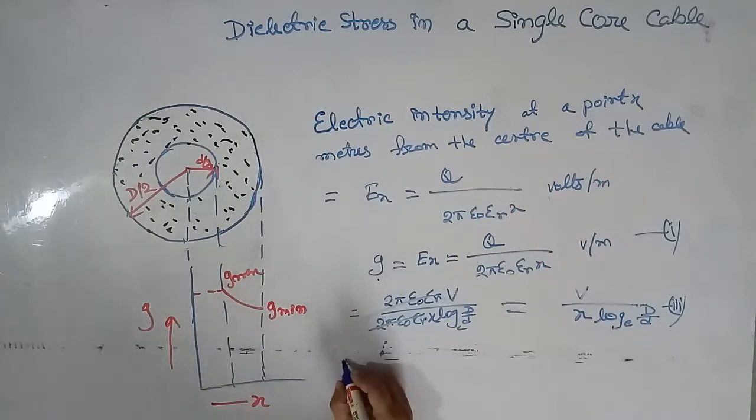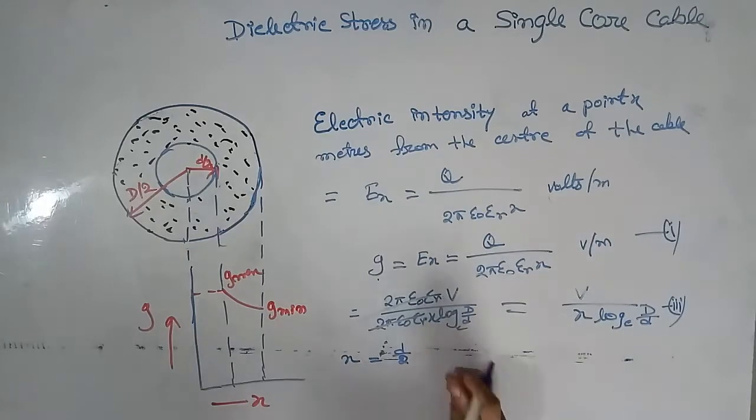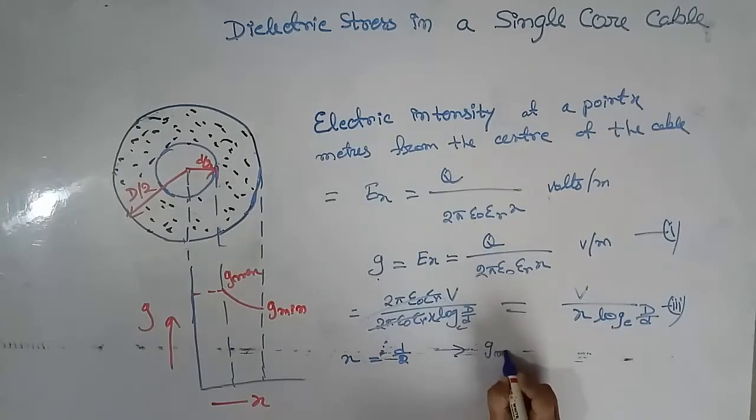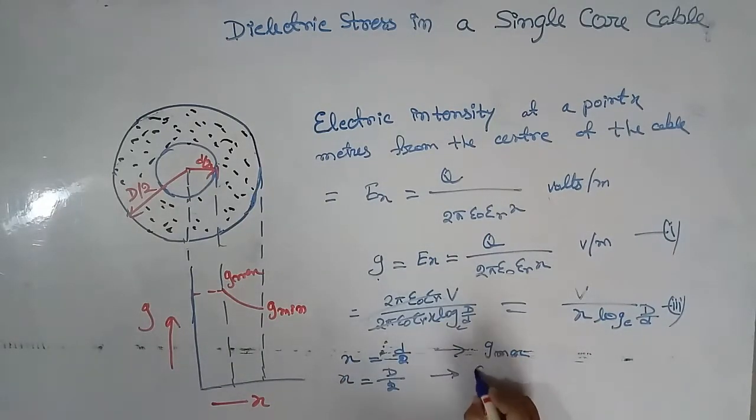So when x is at d by 2, that is at the surface of the conductor, we get the maximum value of the potential gradient, that is G max. And when x is at D by 2, that is x is at highest, we get the lowest value of the potential gradient.